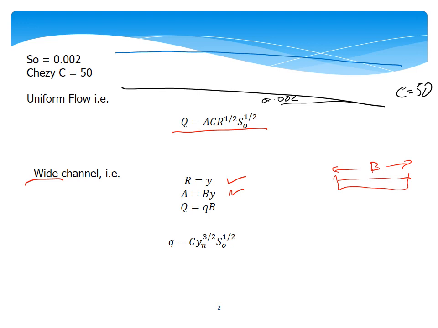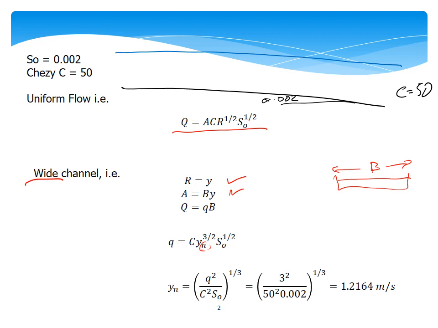So we can put those into our uniform flow equation and get an equation for q. Note how now we've got y to the power 3/2. I've written yn because in uniform flow this is the normal depth, so we're going to solve for yn.